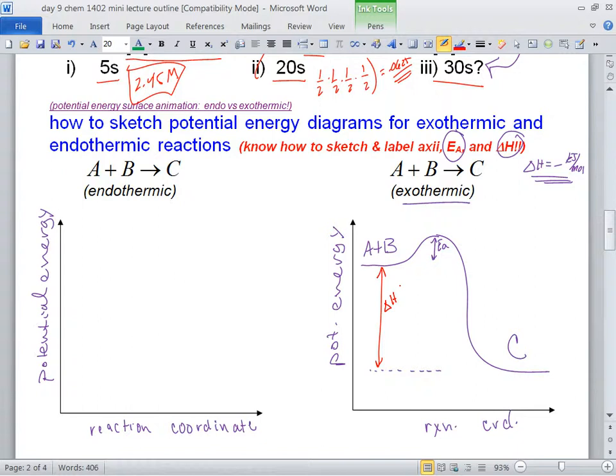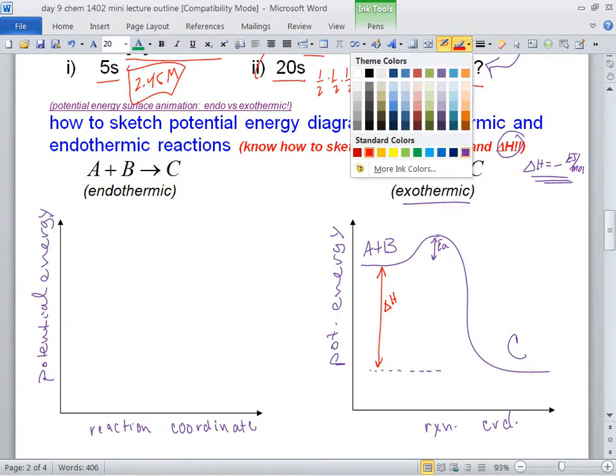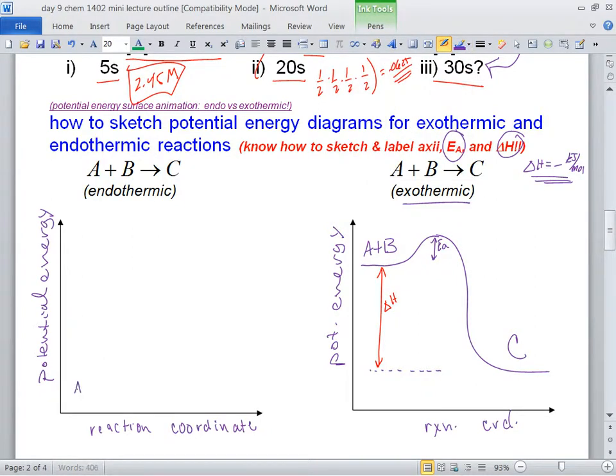Now they just want us to draw the same thing for endothermic. Okay? So endothermic, start with your reactants, end up with your products, right? Because now you have to end up at a higher energy, because it's supposed to be endothermic. Okay? The dude ends up going up the hill and staying up there.